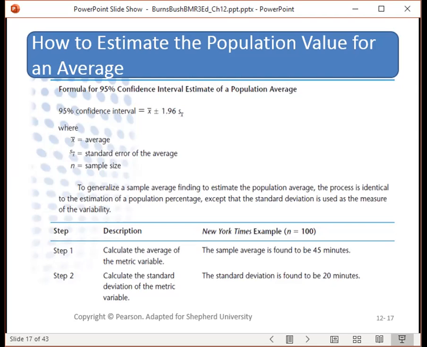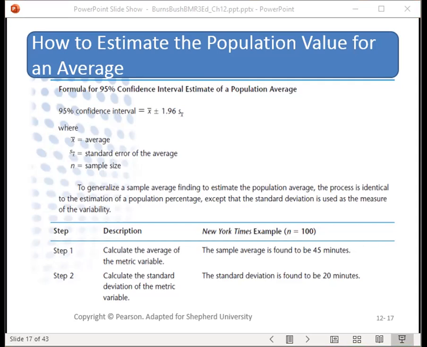And once we get that average, then we calculate the standard deviation of it. And of course, we'll use the standard deviation to calculate the standard error. So once we have the standard deviation of the sample, then we divide that by the square root of the sample size, and we get the standard error.